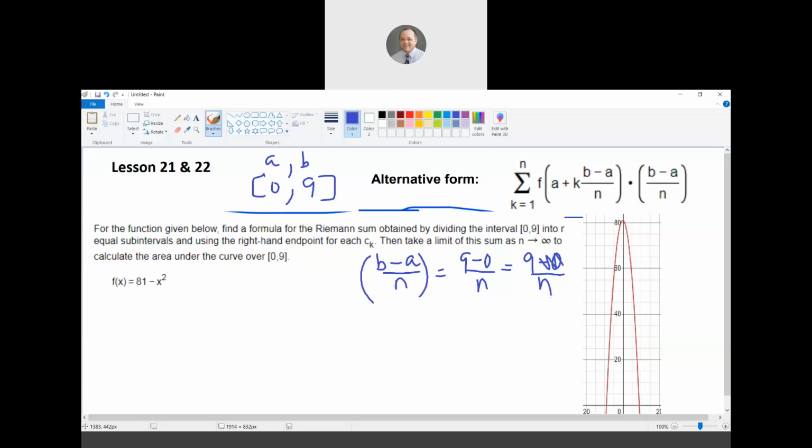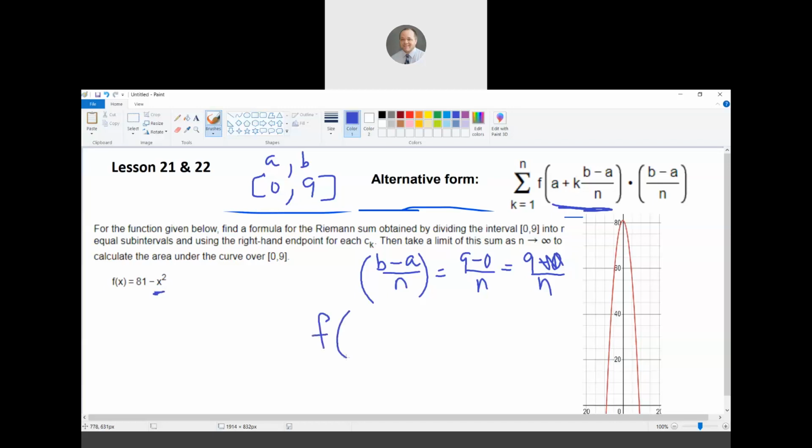Now I'm going to plug that in to our second part here. What that means is that you're taking all of that and plugging it into the original x in your function.